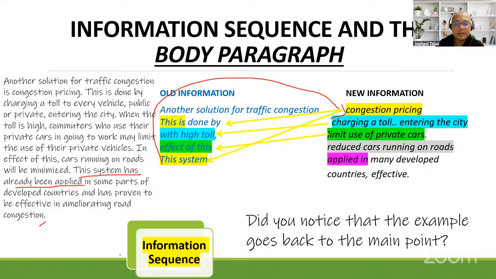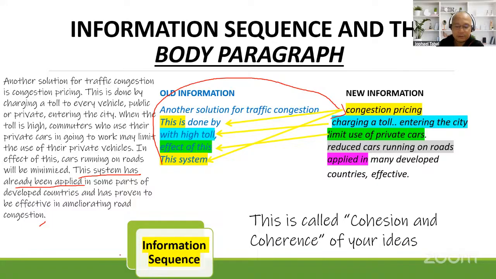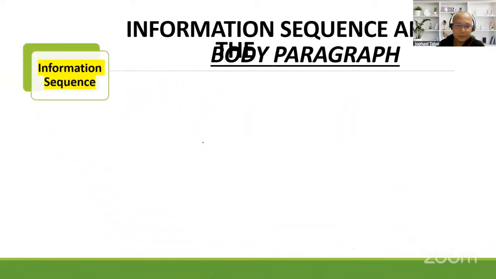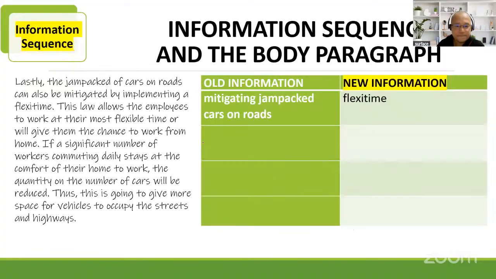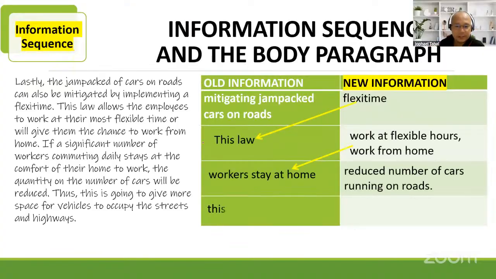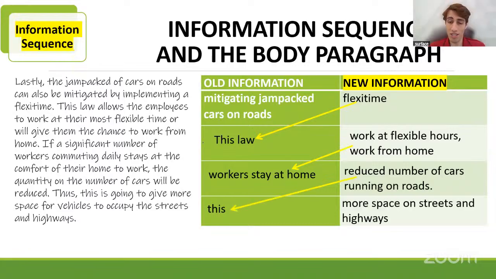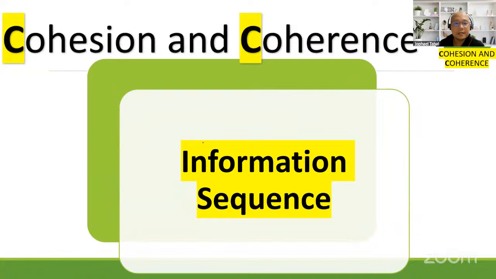That's why it's called cohesion and coherence, because every information or every idea in body paragraph one is strongly connected. And also body paragraph two, exactly. And also the conclusion. Everything. Again, in language, we call that information sequence.